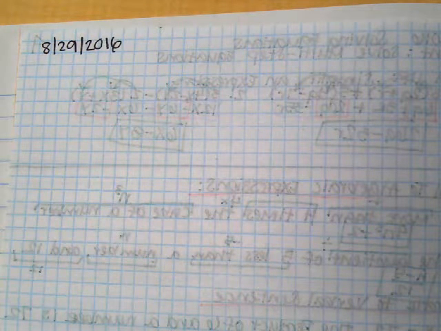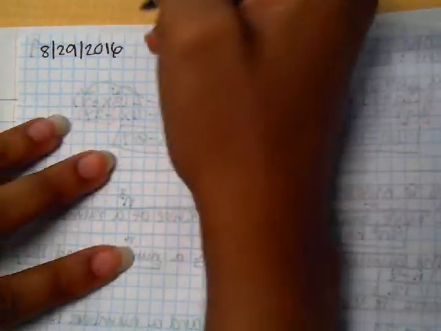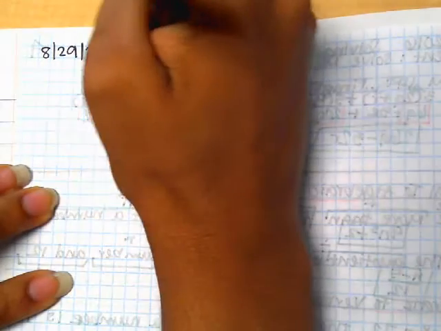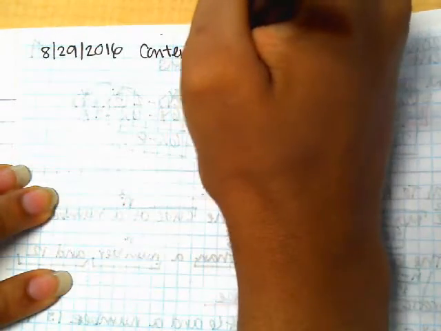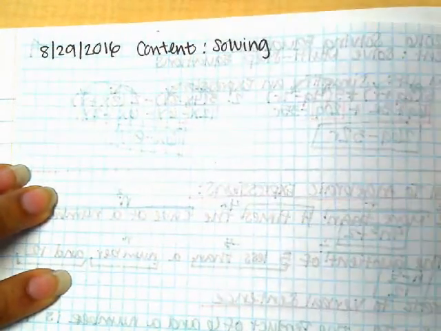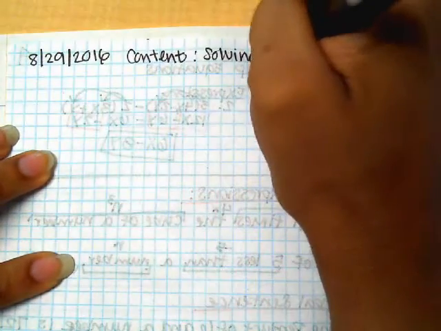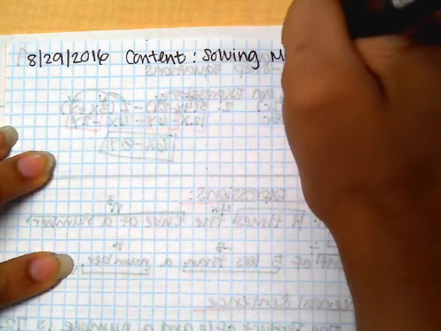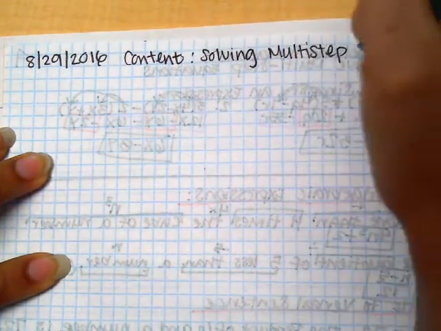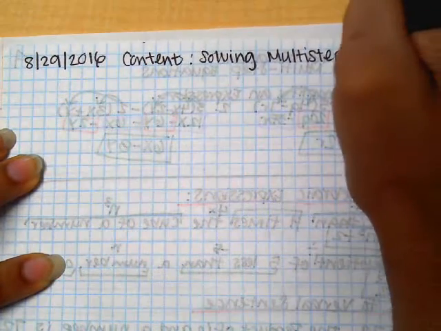So my content is again solving multi-step equations. I am on page 5 in my notebook.